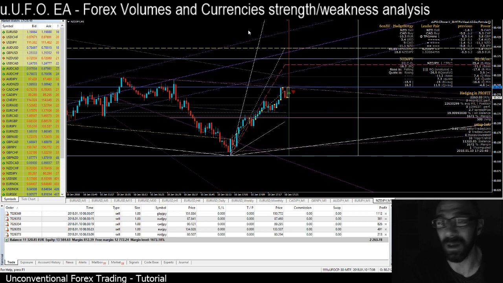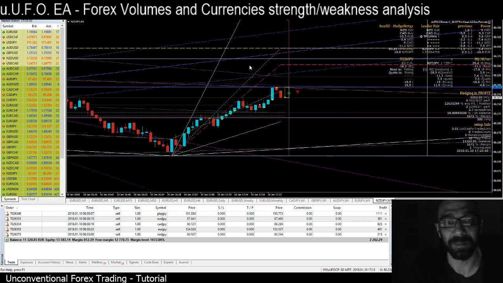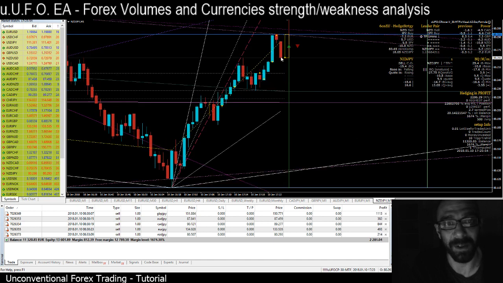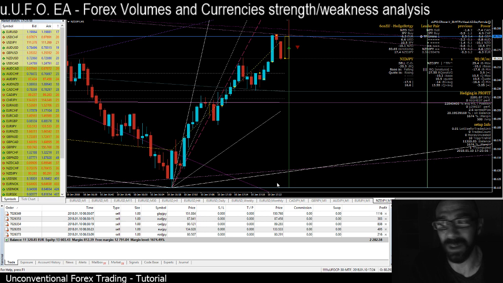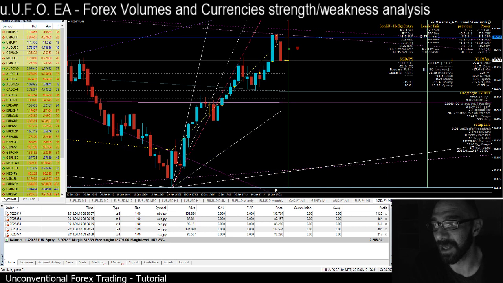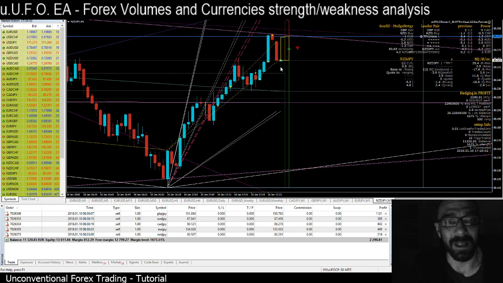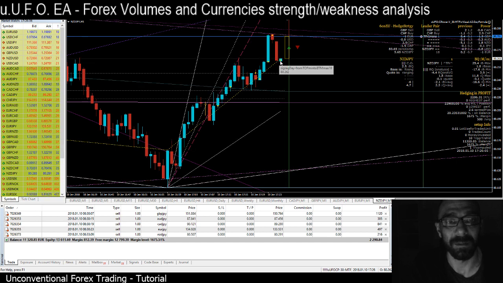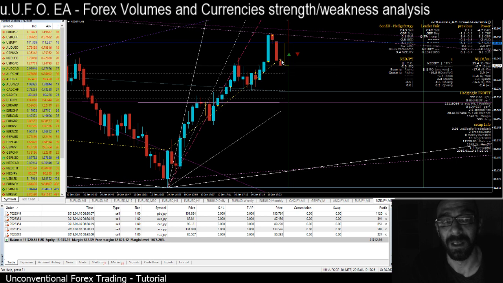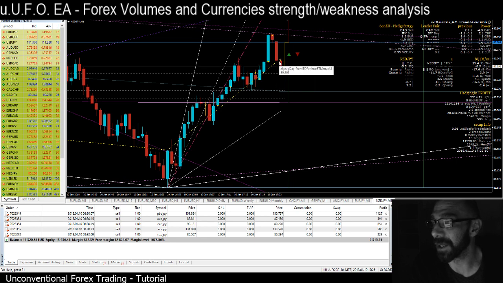Can you see another yellow dot here, which is considering the volumes, even if we are not seeing them here, that are detected by the analysis of the algorithm rising at this price level.